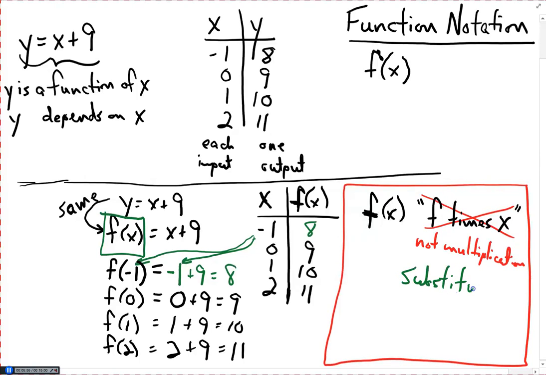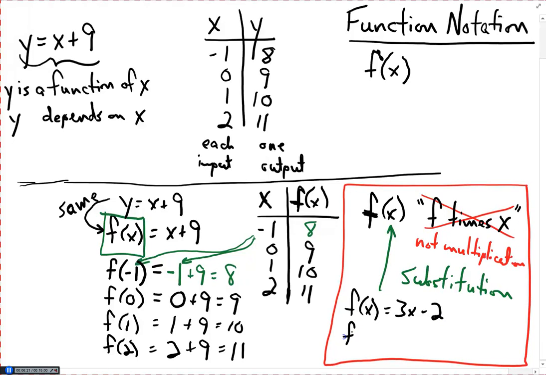Substitution. In other words, whatever value of x I'm going to use, I substitute that value in using my function notation. So if I had a different function, let's say f of x equals 3x minus 2.